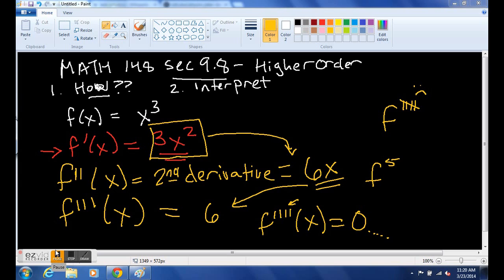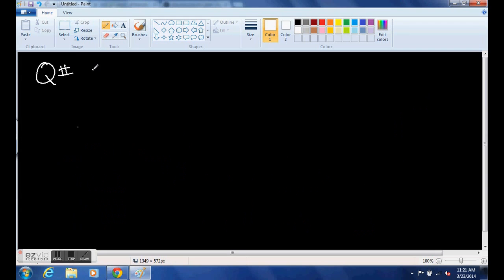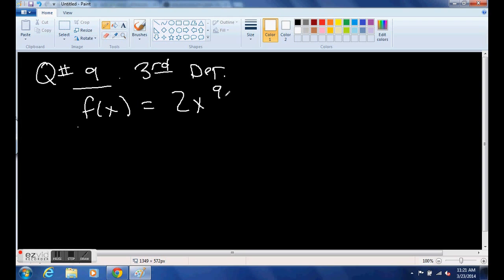So I'm going to do a homework problem that just asks you to find different level derivatives. Question number 9, which says find the third derivative. So we're looking for the third derivative. And here's our function, f of x is equal to 2x to the 9 minus 6x to the 6th.